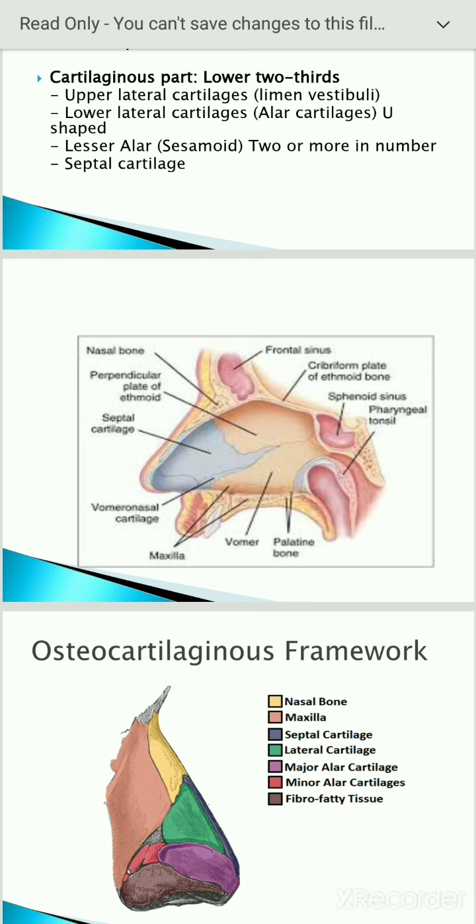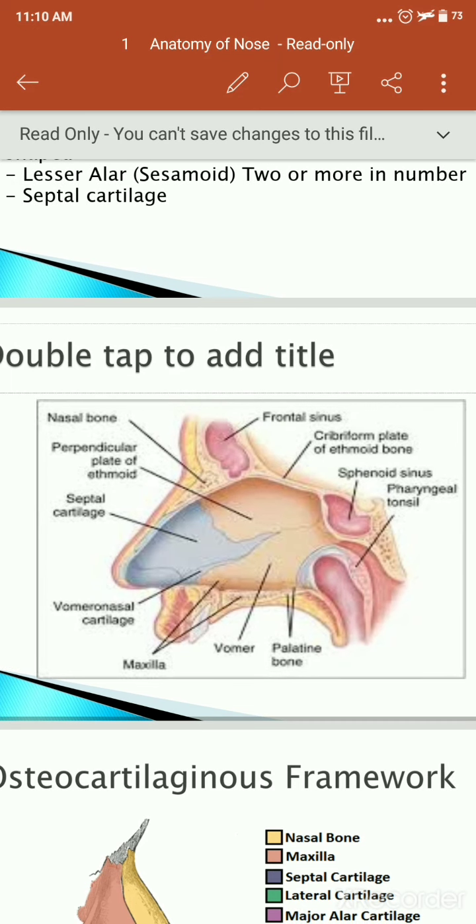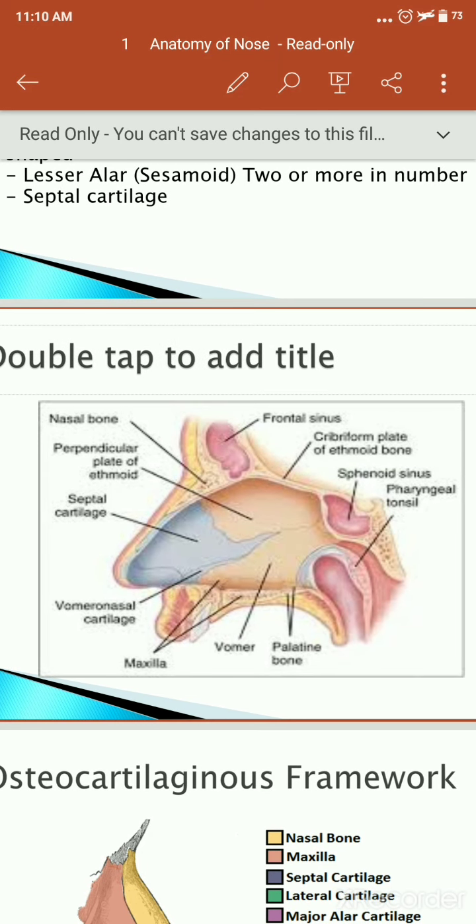If you see this figure, it shows complete anatomy of the sagittal section of nose. It shows nasal bone, perpendicular plate of ethmoid, which makes nasal septum, bony part.